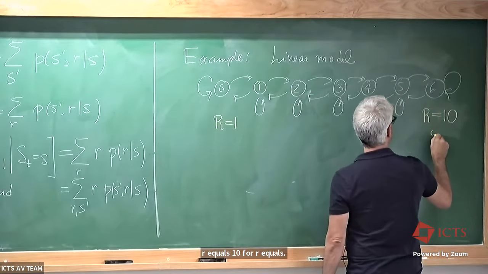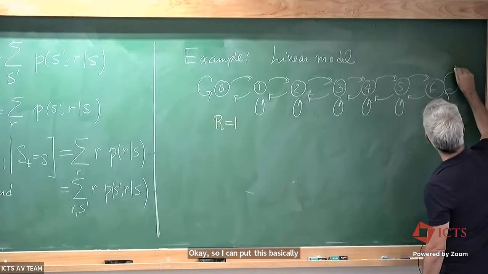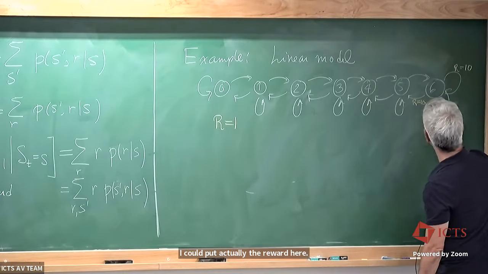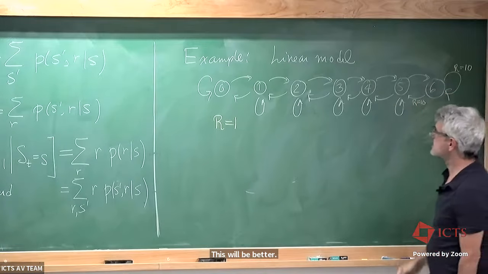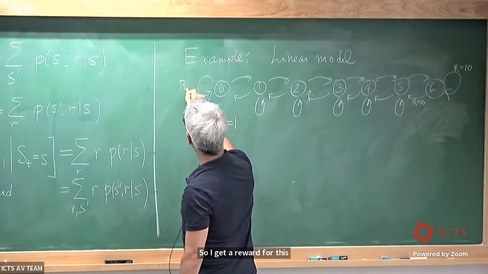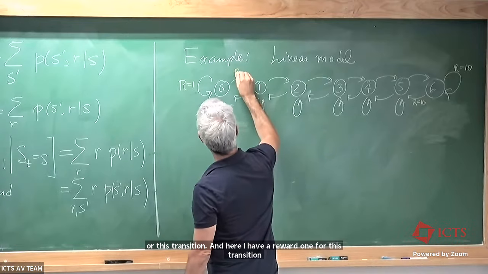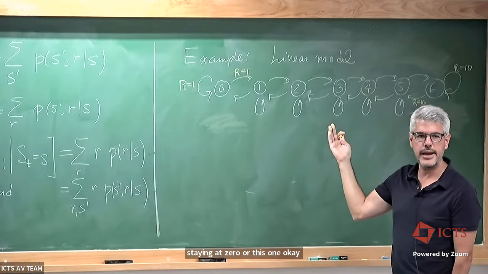Okay, so I could put the reward here. This will be better. So I get a reward for this transition or this transition. And here I have a reward 1 for this transition, staying at 0, or this one. Okay, so you see the reward is really added on the Markov diagram.